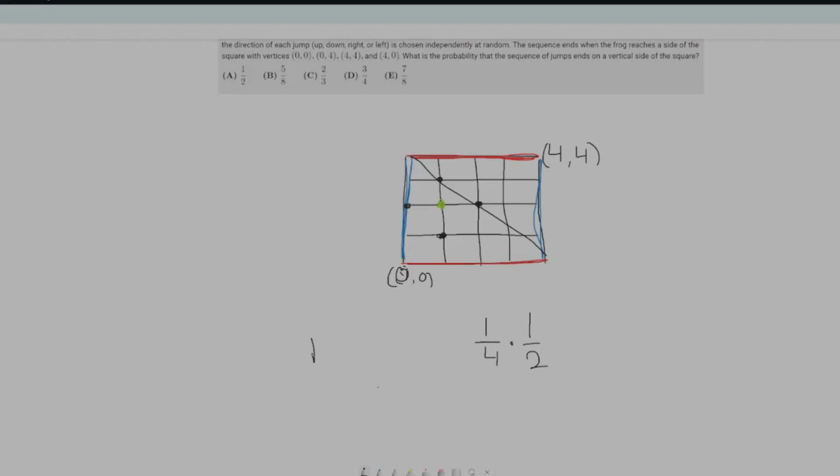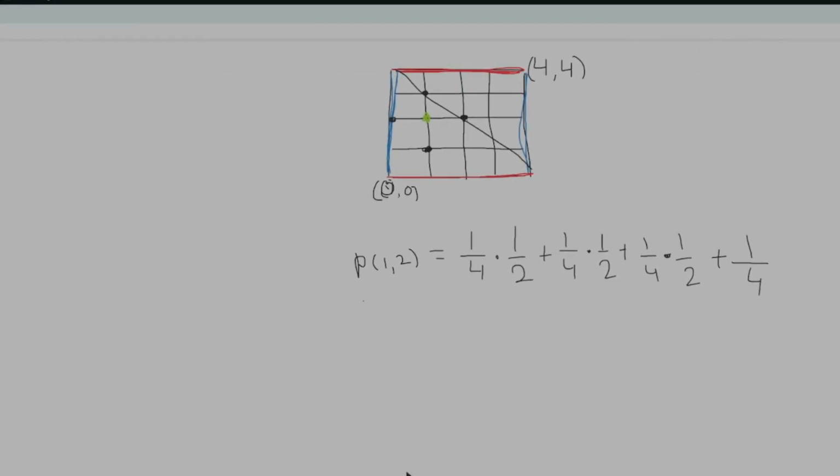So if we have P of x, y as our probability of winning from a point, or I'll call it P(1, 2) as our probability of winning from point (1, 2), it's going to be equal to the probability of getting to this point and winning plus the probability of getting to this point and winning plus the probability of getting to this point and winning, and plus the probability of getting to this point because it's a guaranteed win.